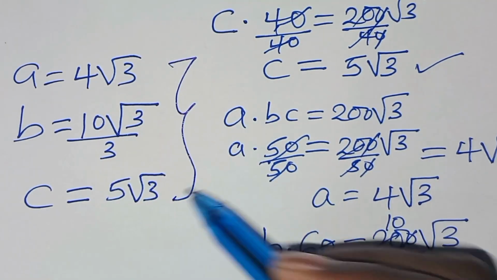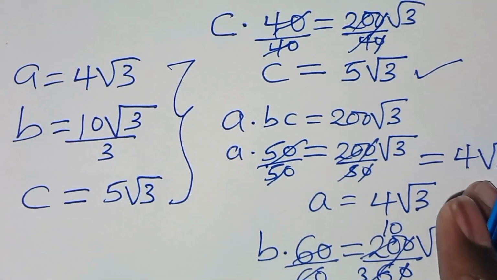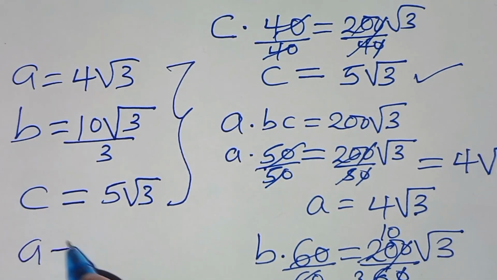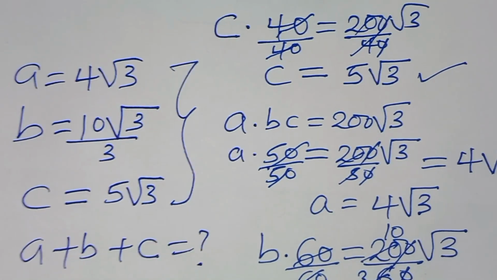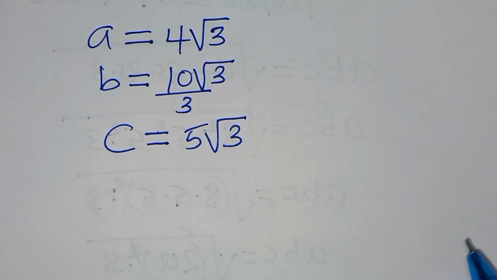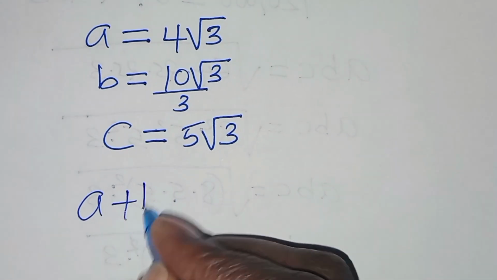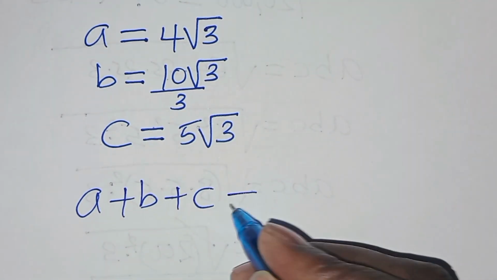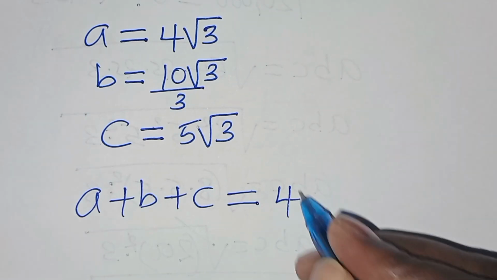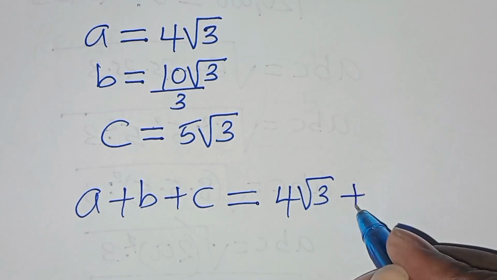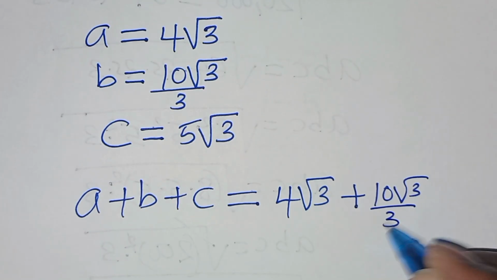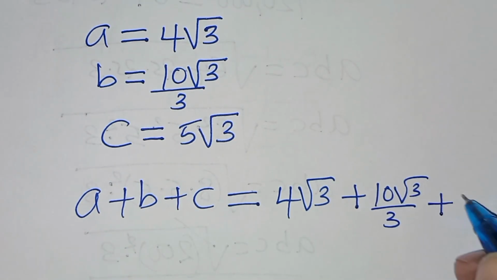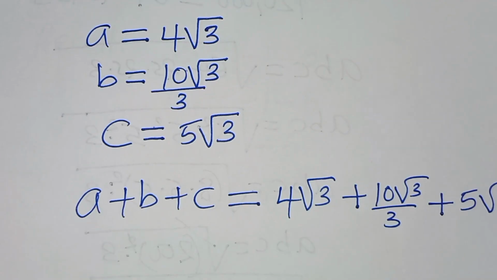So these are the three values of A, B, and C. So let's calculate A plus B plus C. A plus B plus C is equal to 4 square root of 3 plus 10 square root of 3 divided by 3 plus 5 square root of 3.